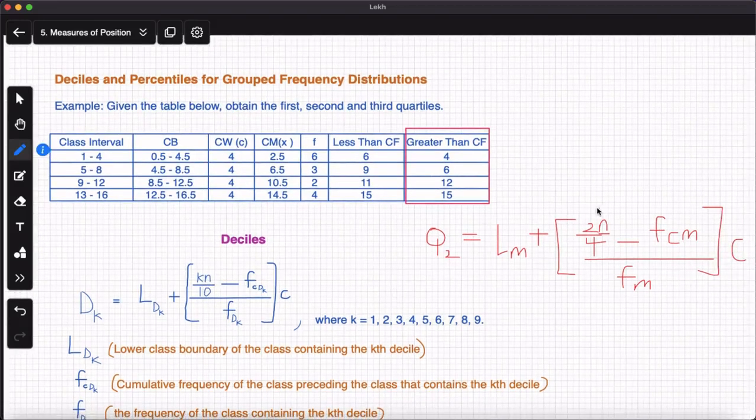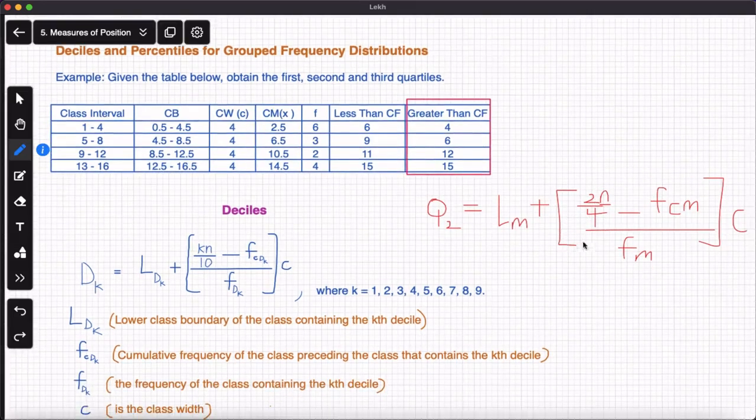And that is similar to what we did for the quartiles. Because we were dividing by 4 when we obtained the formulas for the quartiles, for the deciles we divide by 10.